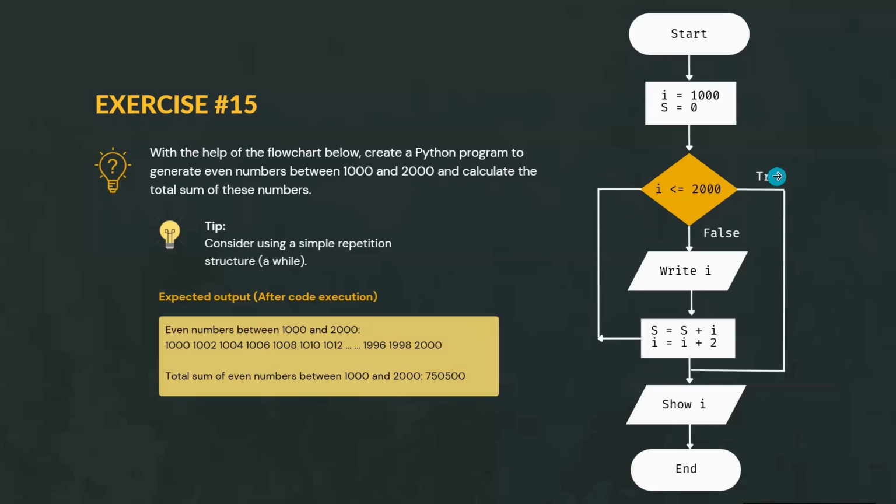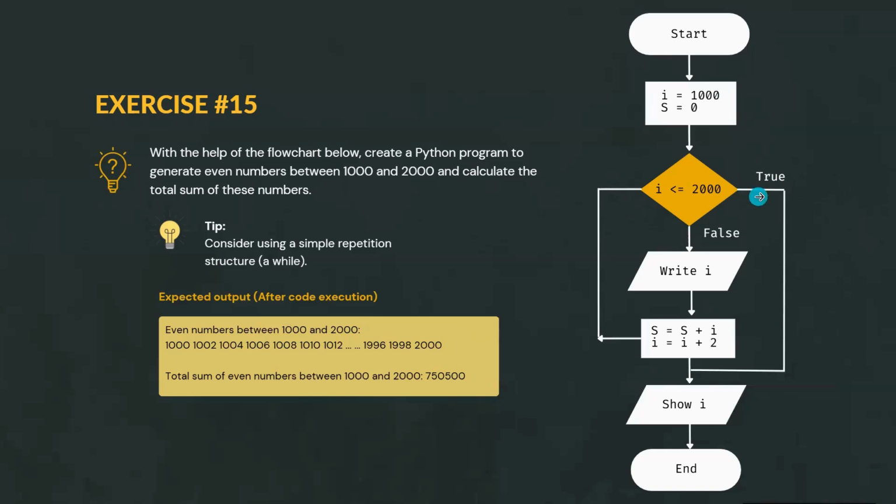Before jumping into code, let's quickly understand the logic with the help of a flowchart. We start by setting up our number I, which is equal to 1000, and a variable s, which is our sum, set to 0 for now.